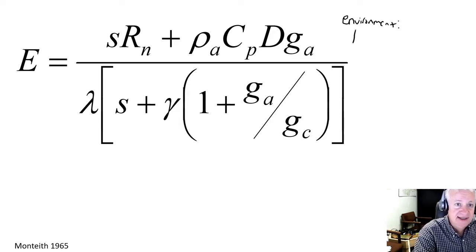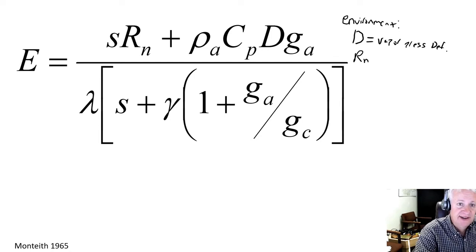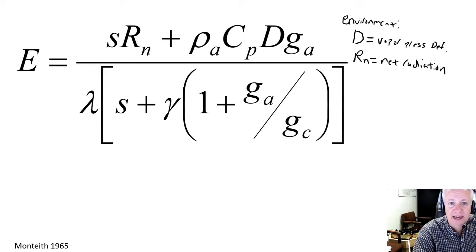So there's D, and that's vapor pressure deficit. That's a measure of the dryness of the air. And then the other is net radiation. Okay, so those are the two main environmental factors in this equation.